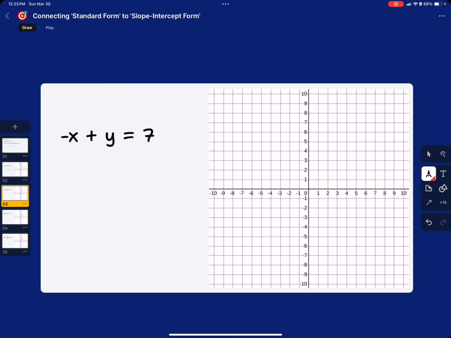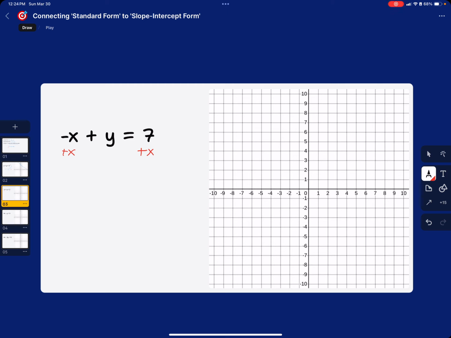Next, let's take a look at our next example. Now we have an equation in standard form, negative x plus y equals 7, and we want to rewrite it in slope-intercept form. Again, we want to get the y value alone, isolated, so we're going to use our inverse operations. We're going to add positive x to both sides. Again, with inverse we want to think opposite.